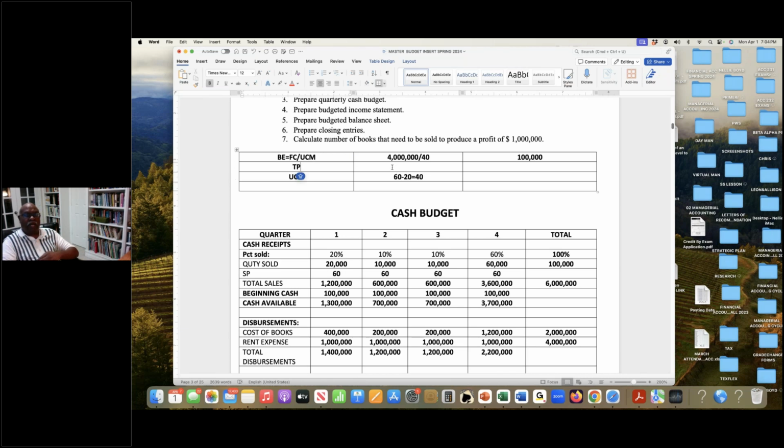And so we're going to take what? Same UCM, but it's the 4 million fixed costs plus the million in profit, divided by the UCM, which is 40.